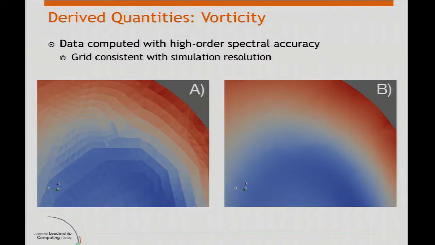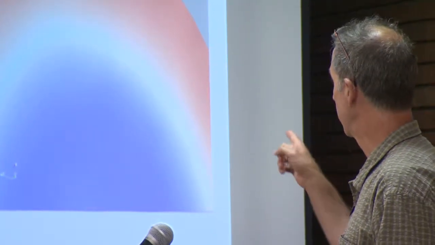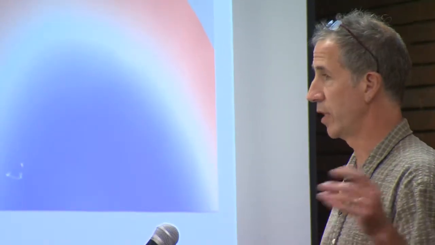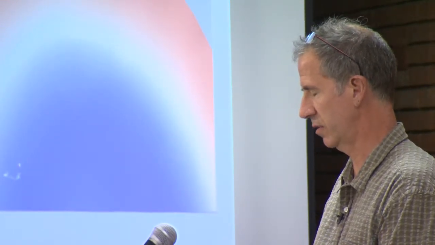On the right, because we have access to the original finite element data, we're able to calculate those values at higher order and get a more accurate result by doing it in the native spectral element format.